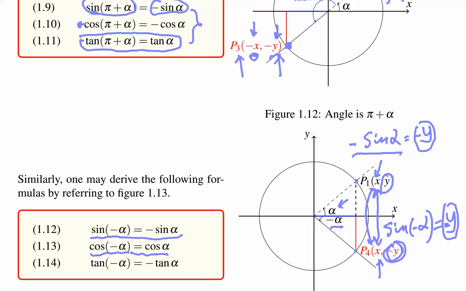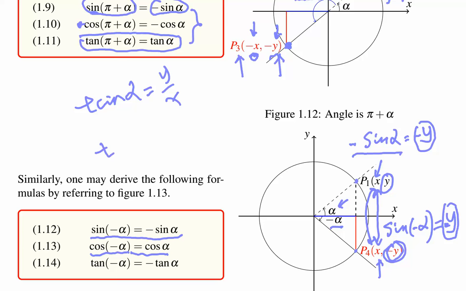Now we know sine of negative alpha is negative sine alpha, and cosine of negative alpha is cosine alpha. By the definition of tangent, tangent alpha is y over x.